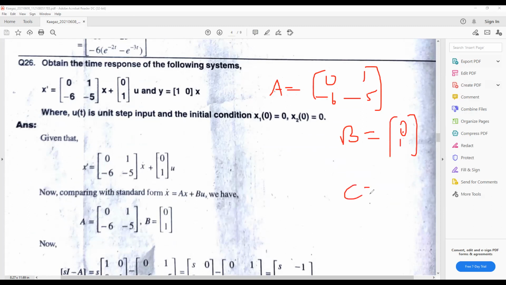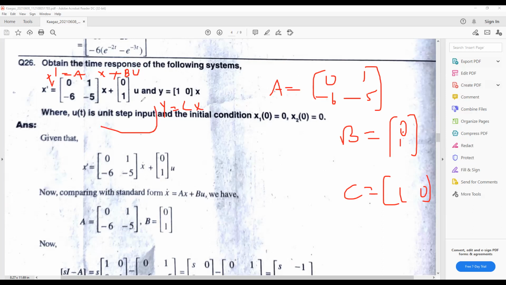The C matrix is 1, 0. This is the standard form x dash is equal to Ax plus Bu, and y is equal to Cx, where u of t is a unit step input.